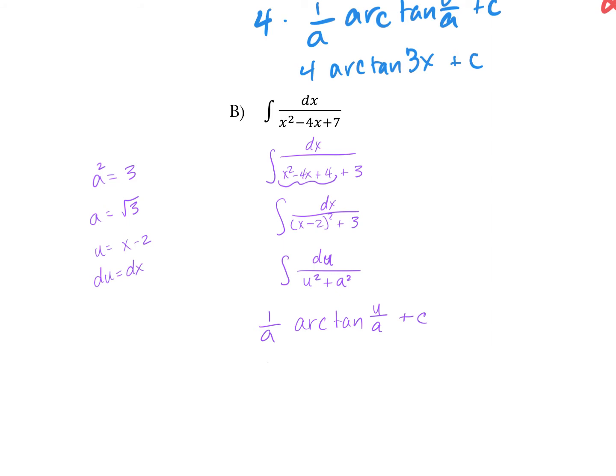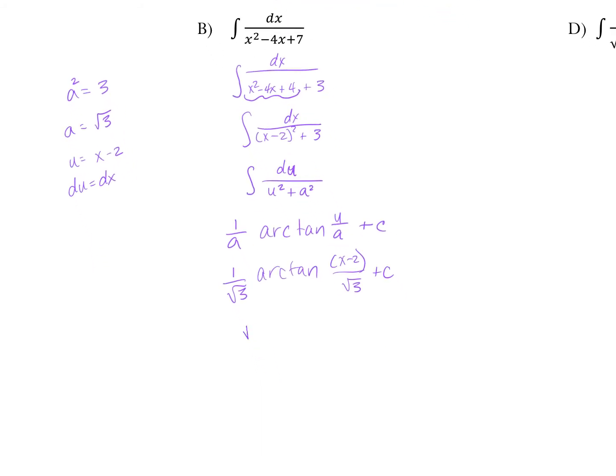It becomes 1 over root 3 arctan of x minus 2 over root 3 plus c. And then I might say that's root 3 over 3 arctangent of root 3 times x minus 2 over 3 plus c.